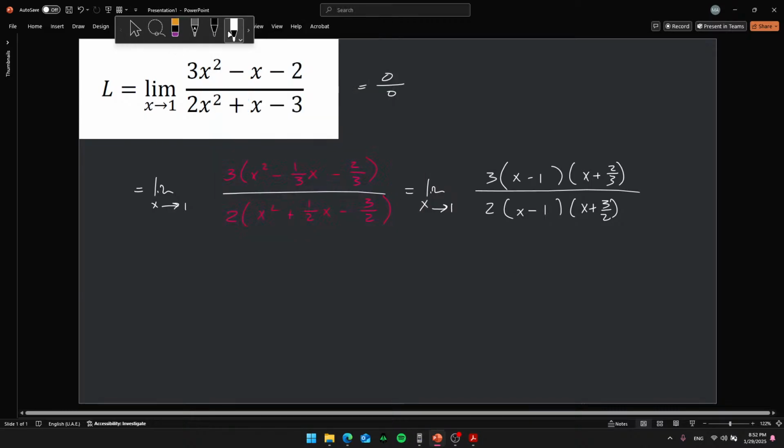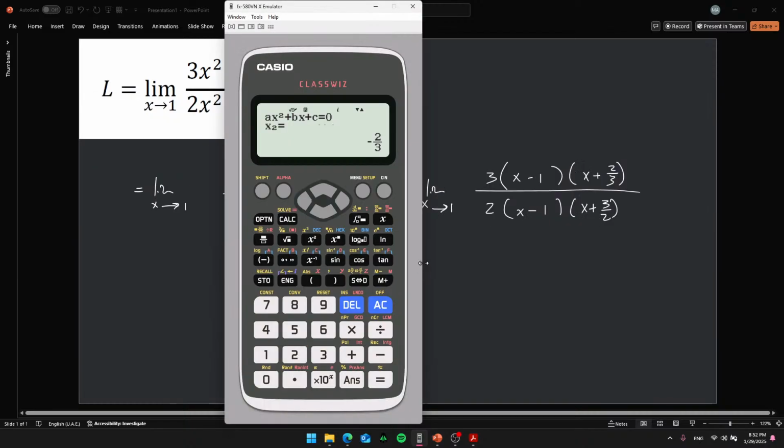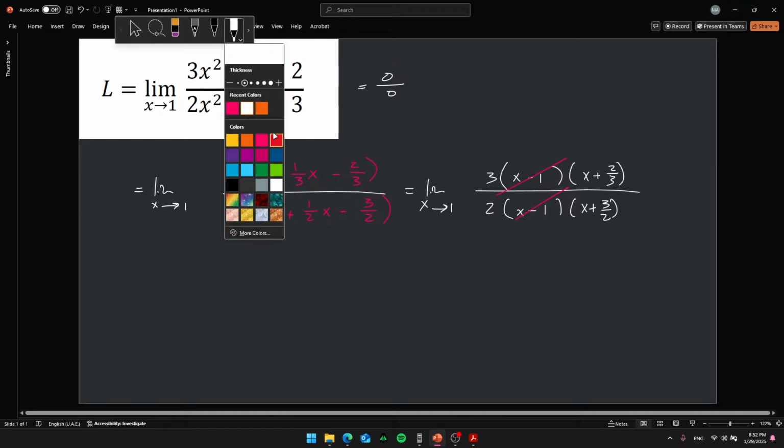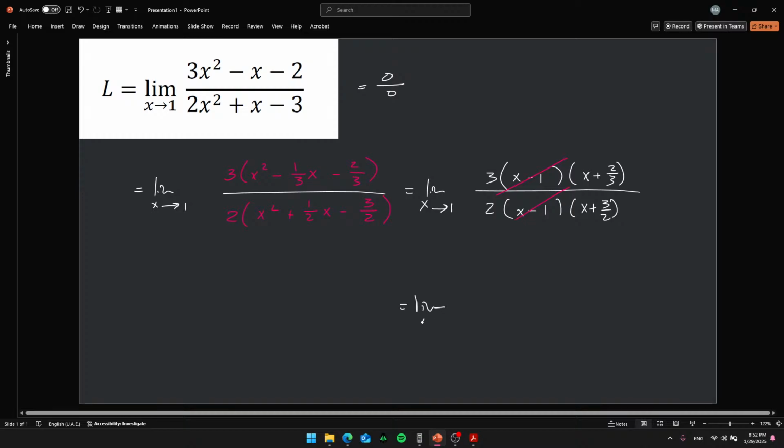Okay. So yeah, you can cancel out the x minus 1 from the numerator and the denominator, and you're left with 3/2 times x plus 2/3 over x plus 3/2. If you don't like writing fractions, you can distribute the 3.